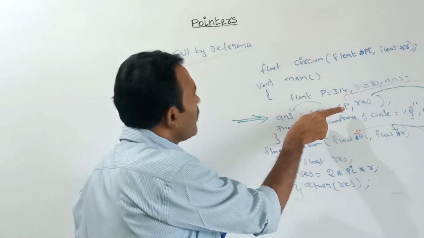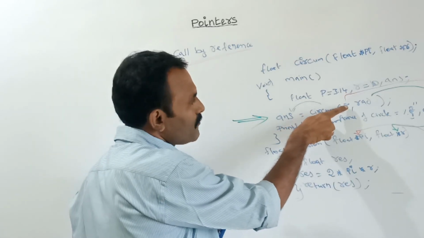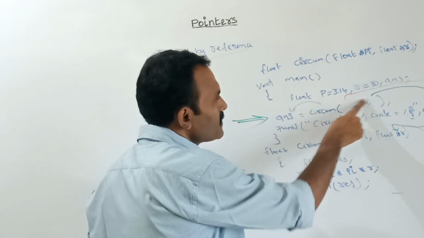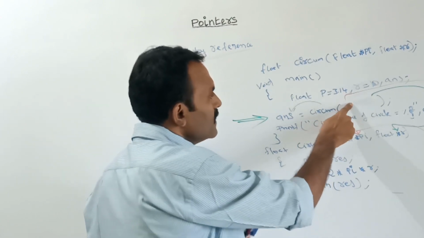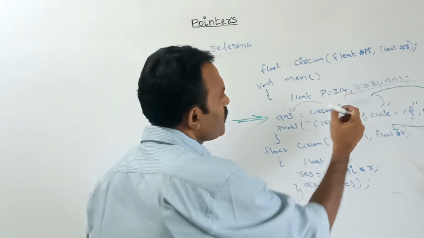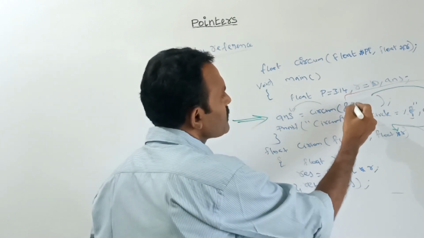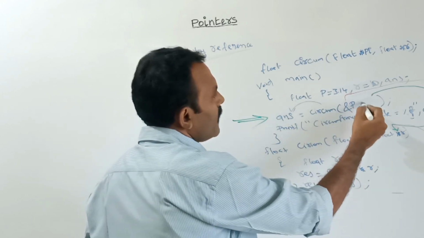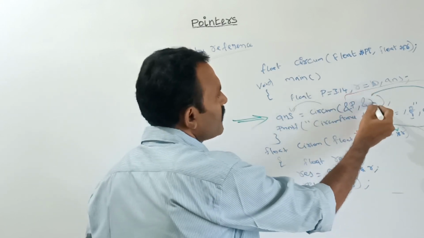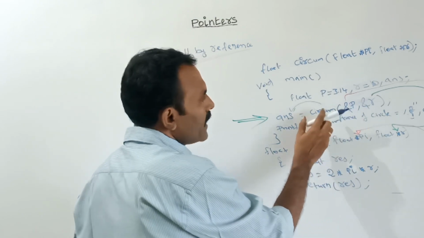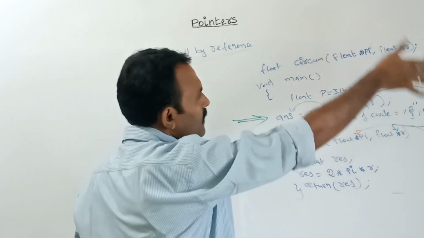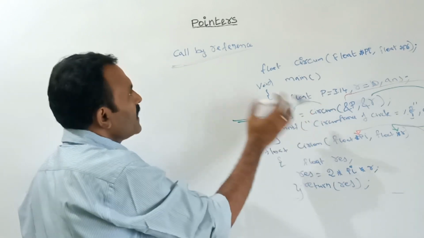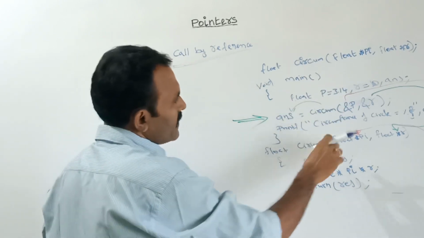In the last program we saw that we were directly passing the value. Instead of passing the value, we are passing the address of the variable. Here, first I am passing the address of the p variable, next the address of the r variable. So both the p and r addresses were passed. So here we are calling the function and passing the reference, call by reference.